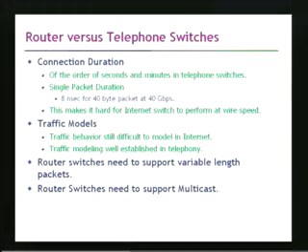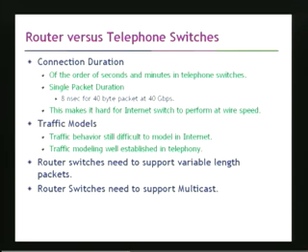The connection duration in a telephone switch can be of the order of minutes, while the connection duration in a router will be of the order of milliseconds to nanoseconds. Now, this makes it hard for the internet switch to perform the switching at wire speeds. The second difference is in the traffic model. The traffic behavior is still very difficult to model in the internet.